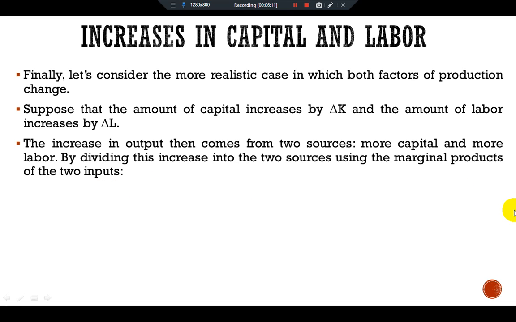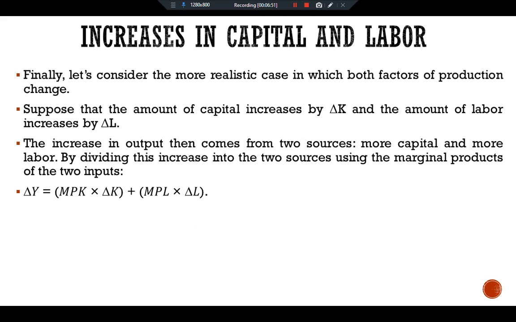Okay, then by dividing this increase into the total sources using the marginal products of the two inputs, we get delta Y is equal to MPK cross delta K plus MPL cross delta L. The first term here represents the increase in output resulting from the increase in capital, and the second term represents the increase in output resulting from the increase in labor.